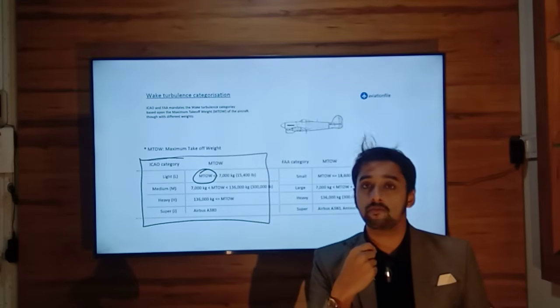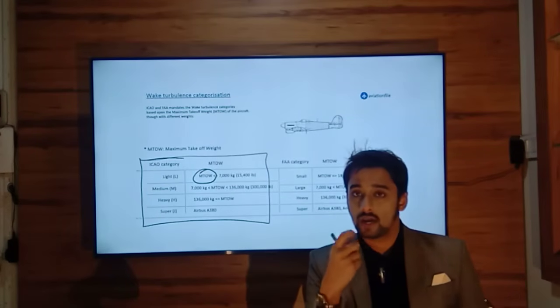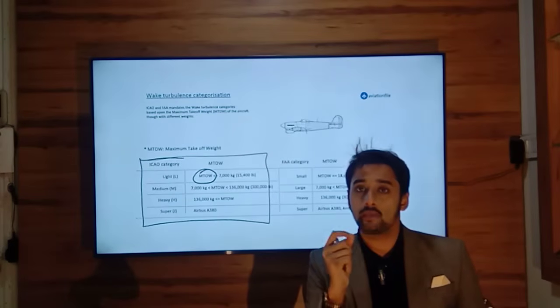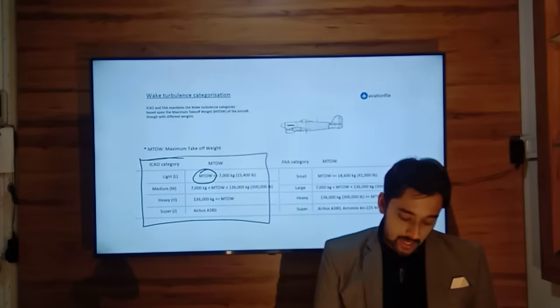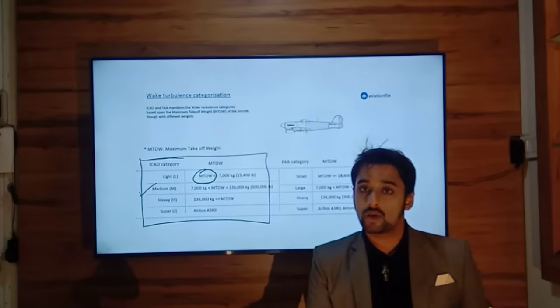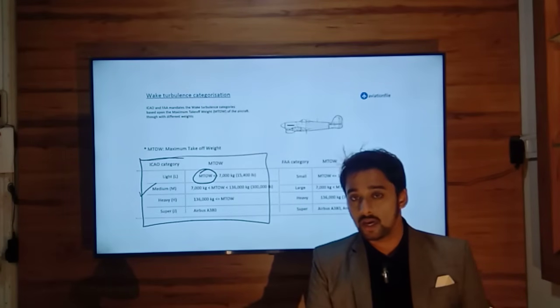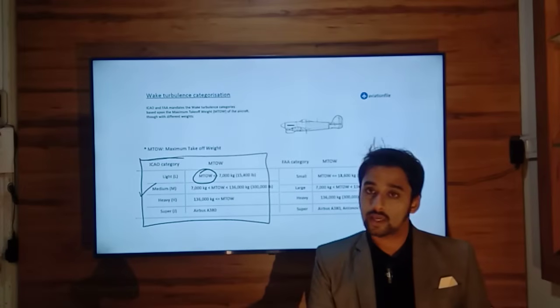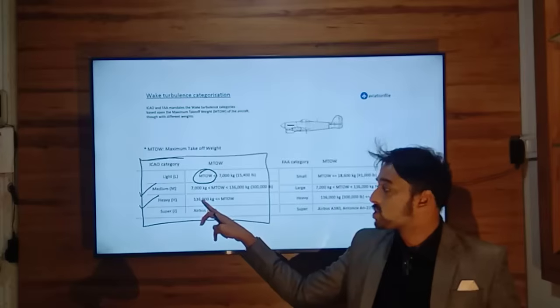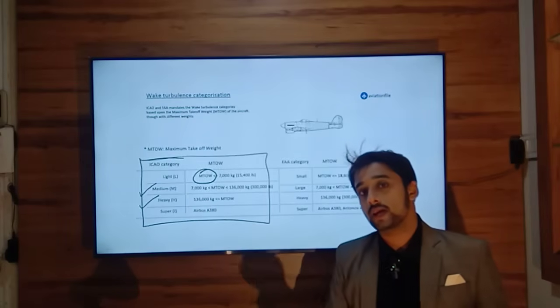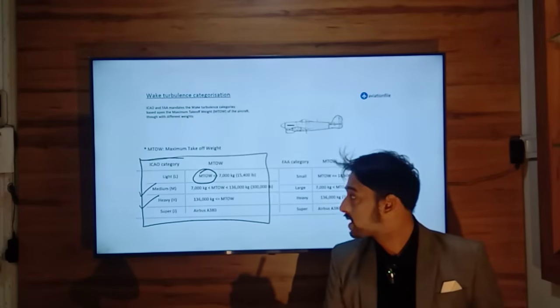If the options contain pounds, you can convert kilograms into pounds using your CX3. For a medium category aircraft, the weight should lie between 7,000 kg and 136,000 kg. For a heavy aircraft, its weight should be equal to or more than 136,000 kg.